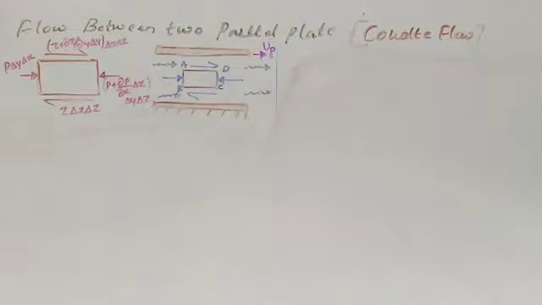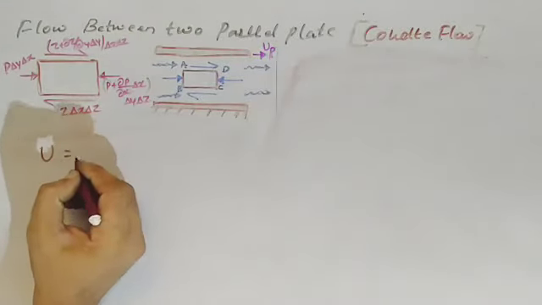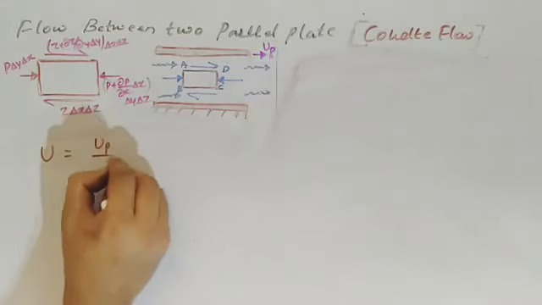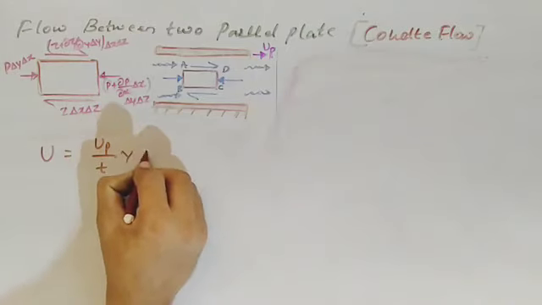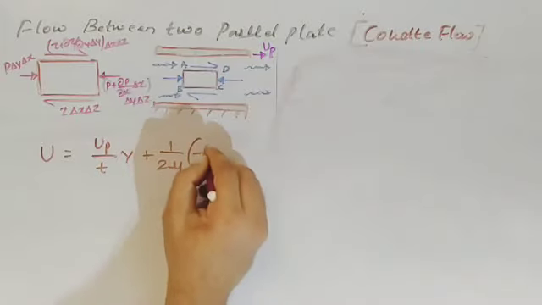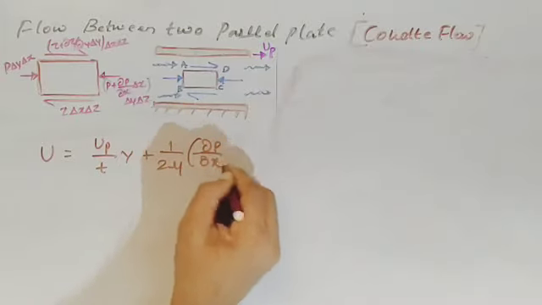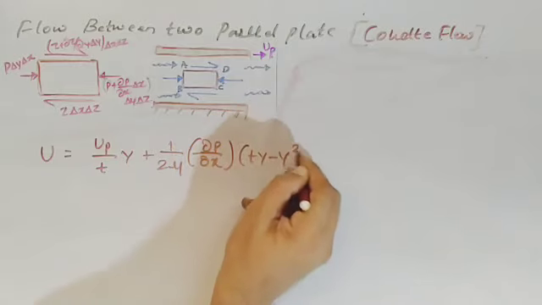Now what is the first equation that we come up with in this derivation? That is the velocity equation, that is velocity u is equal to u_p divided by t into y plus 1 by 2 mu into minus dou p by dou x into ty minus y square.